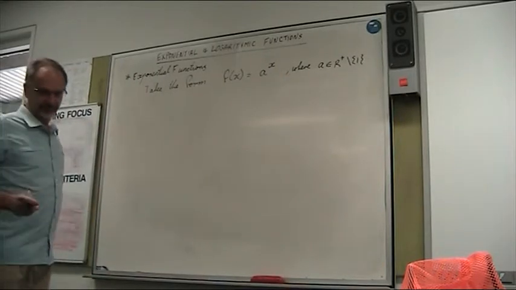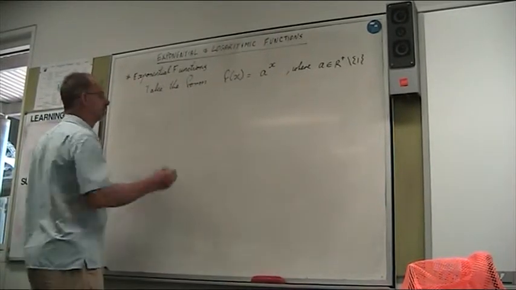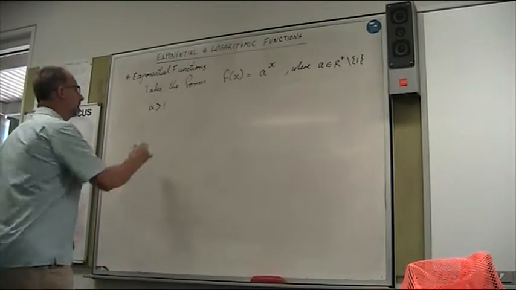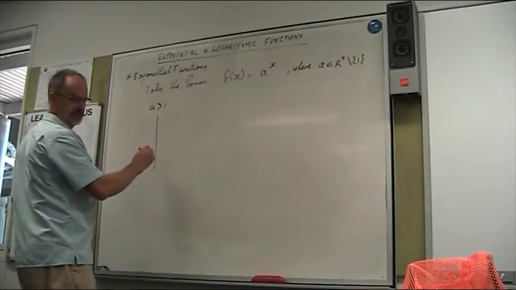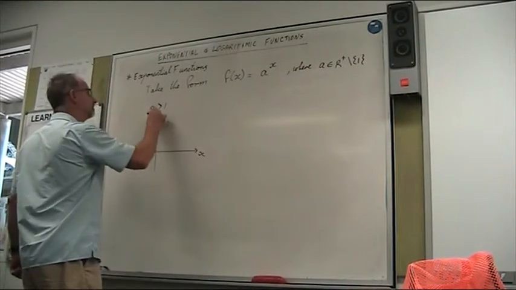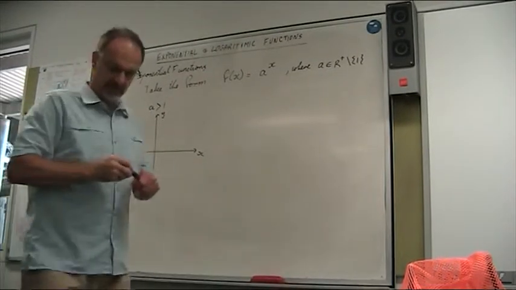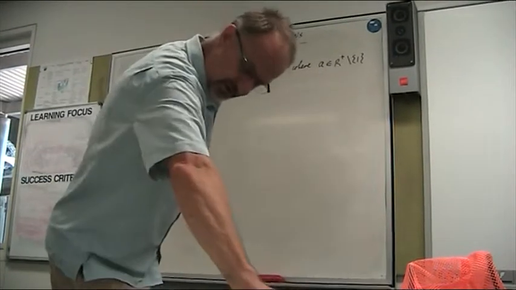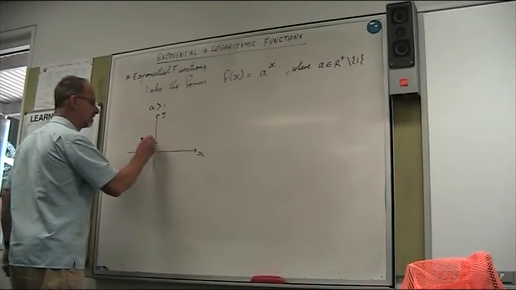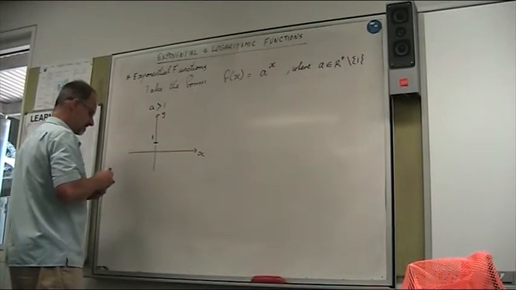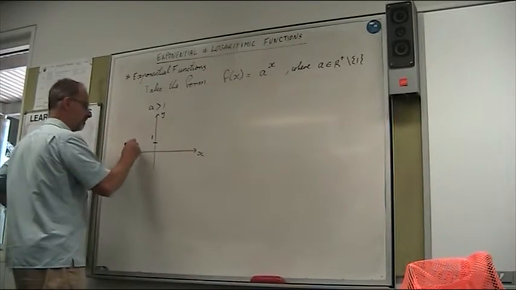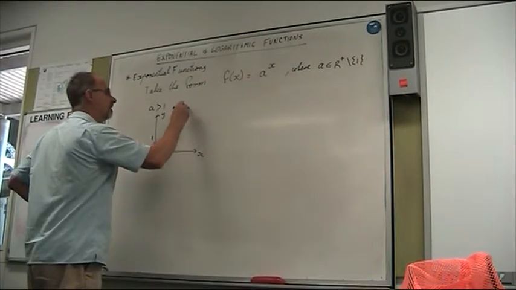Alright, so if a is greater than 1, then the basic graph would look something like this. They would all have a y-intercept of 1, and they all curve around like this.